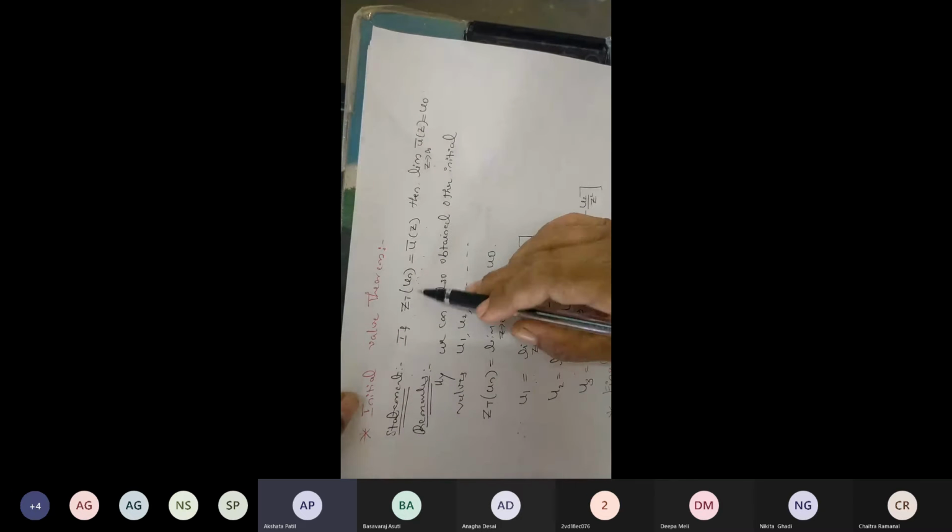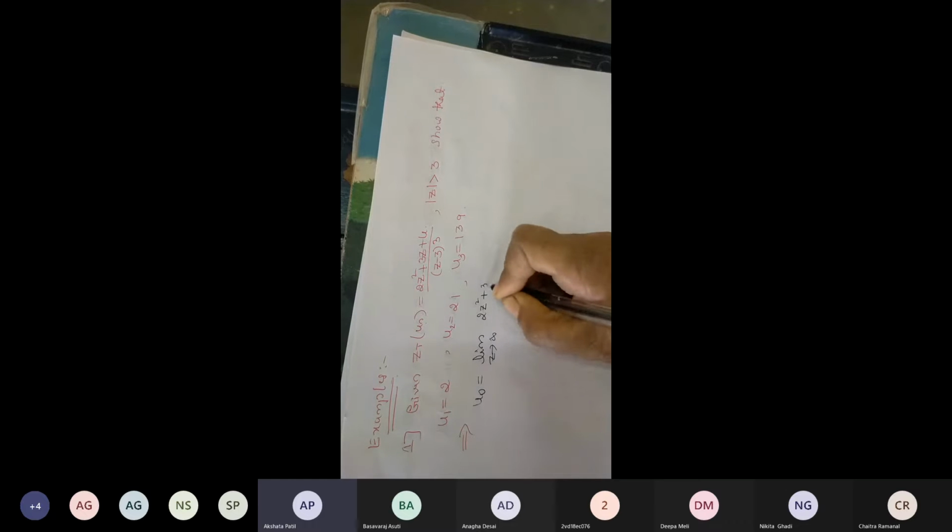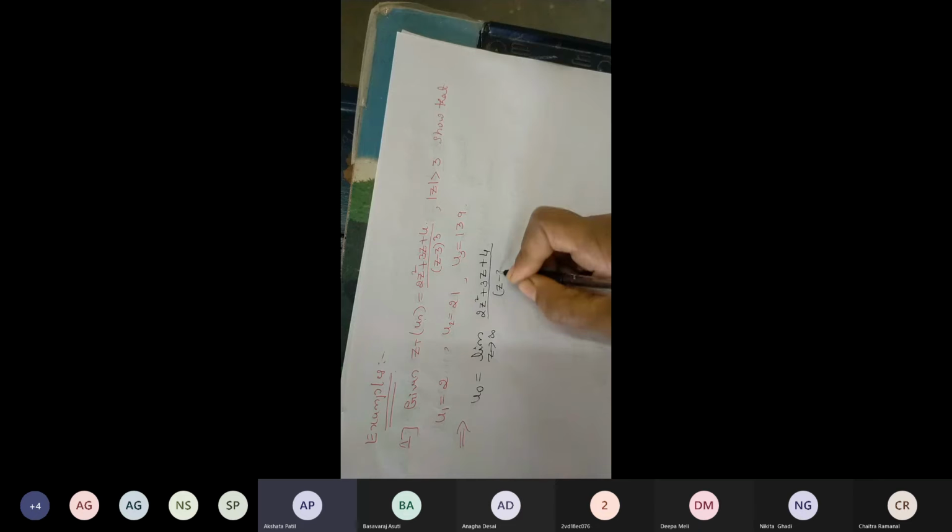Here un is nothing but u bar of z, so we take this given function as u bar of z, which is 2z square plus 3z plus 4 divided by z minus 3 the whole cube.